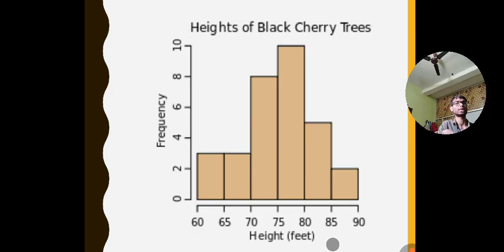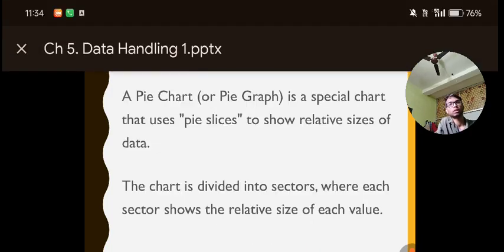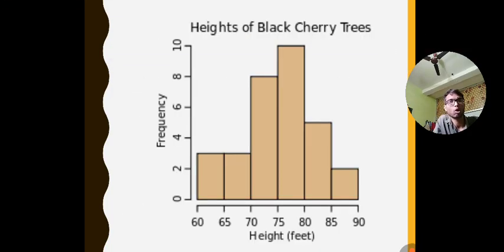Then we have four trees whose height comes between 80 and 85. Then we have two trees whose height comes between 85 and 90. So this was about the histogram.